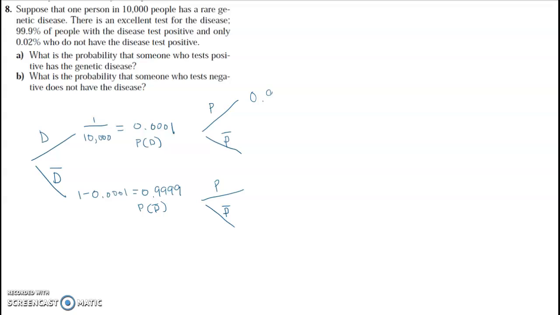So we're going to write this as 0.999, which is the same thing as the probability of P given D. We can find the other branch: this is just 1 minus 0.999, which is 0.001. So this is the probability of not positive given disease.